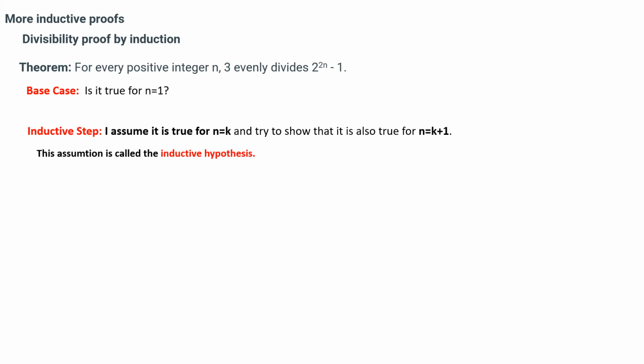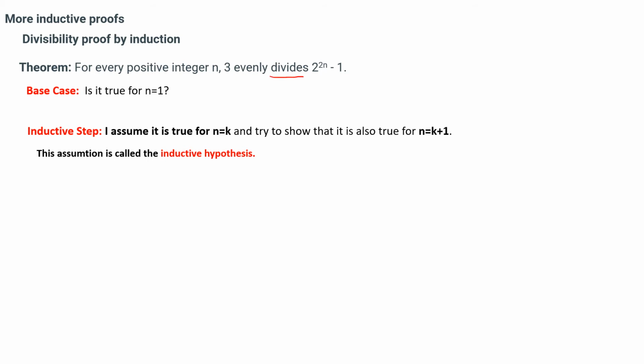Okay, so we're going to look at this theorem that says for every positive integer n, 3 evenly divides 2 to the 2n minus 1. So we're going to prove that by mathematical induction. Well, first of all, remember what this word divides means.